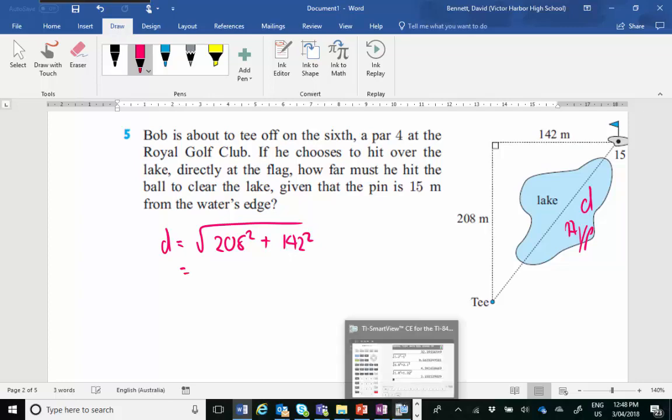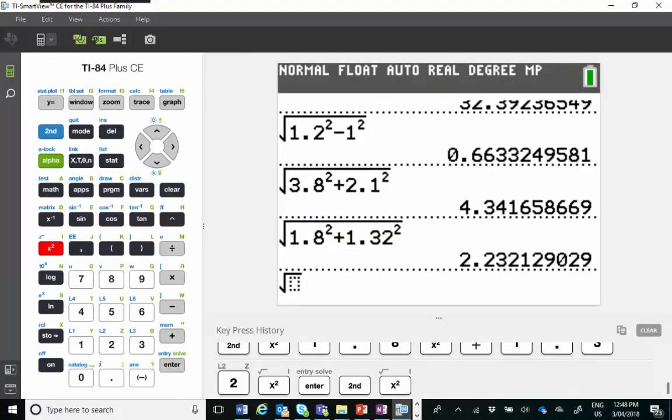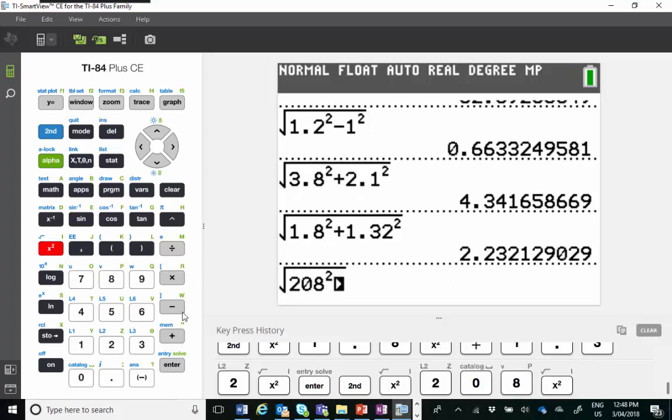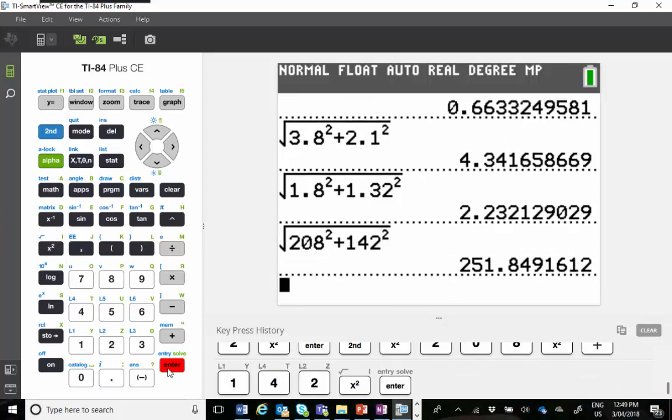You go and do that on the calculator, and it's telling you he has to hit the ball 251.85 metres.